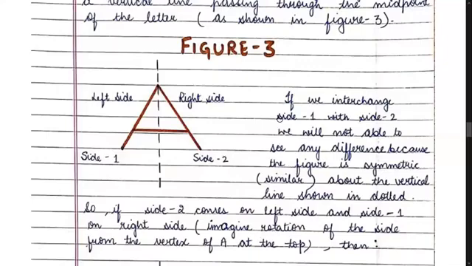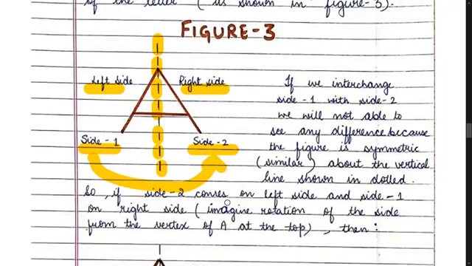It can be seen that for a capital alphabet A, if there are two sides, let it be left and right side, and the vertical axis is passing through the vertex of A. So now students, if we interchange side 1 with side 2, we will not be able to see any difference because the figure is symmetric.